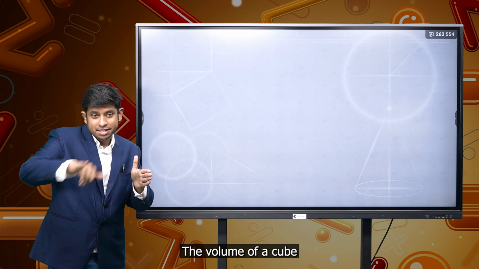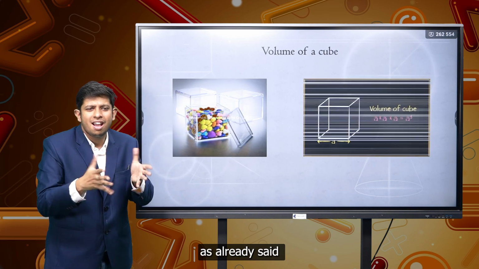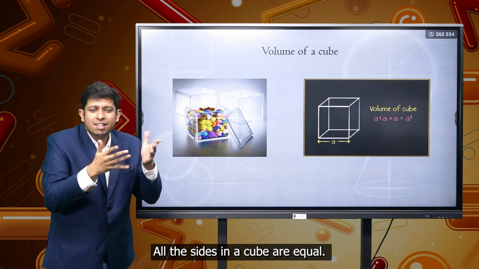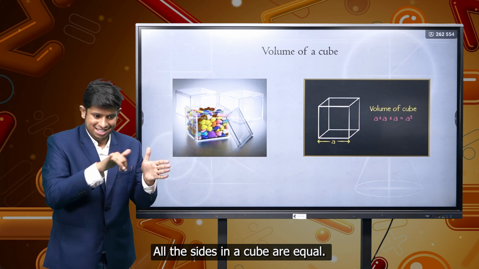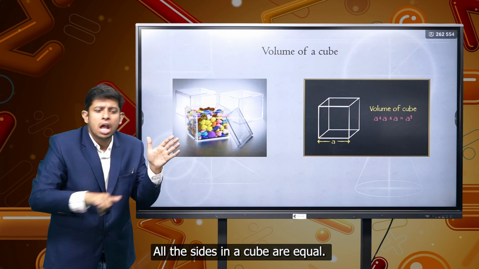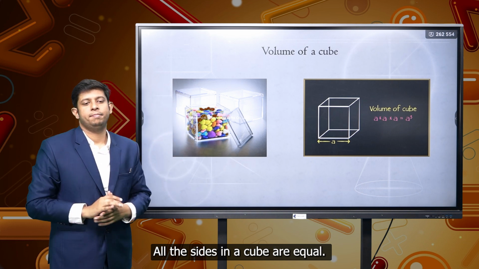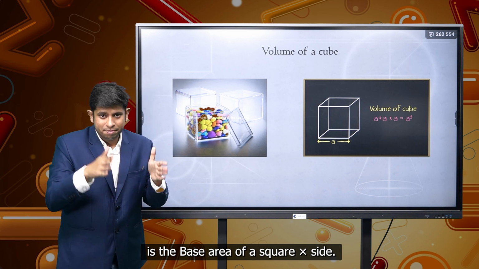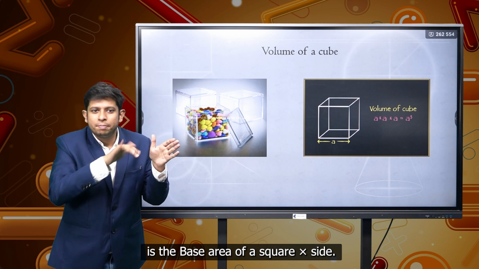The volume of a cube. As already said, a cube is a combination of squares. All the sides in a cube are equal. The volume of the cube is the base area of a square multiplied with side.